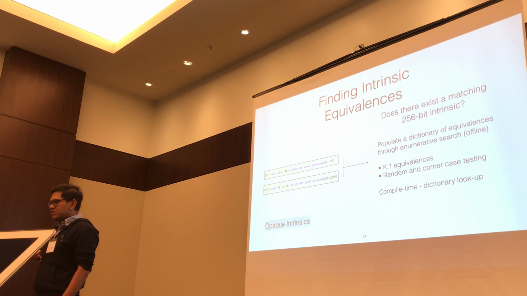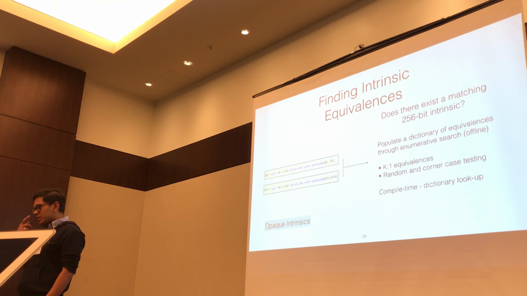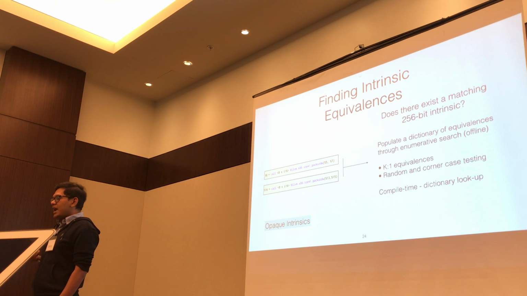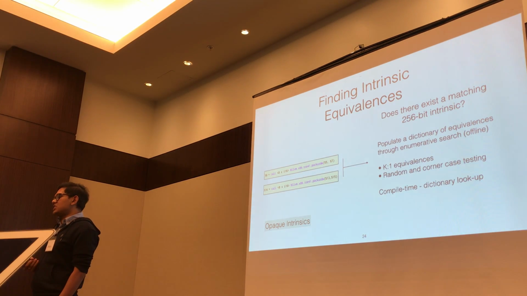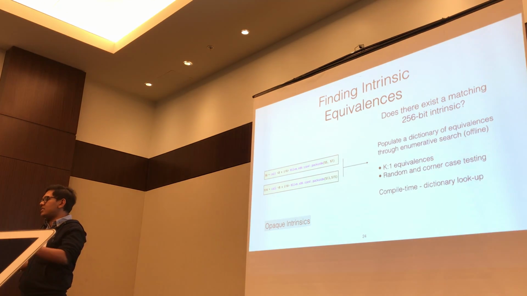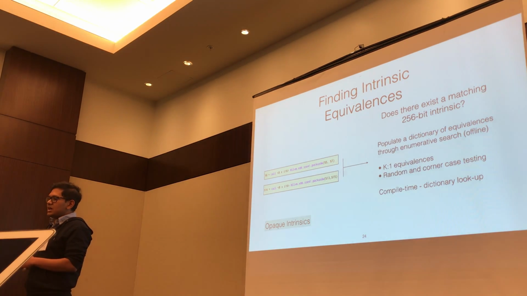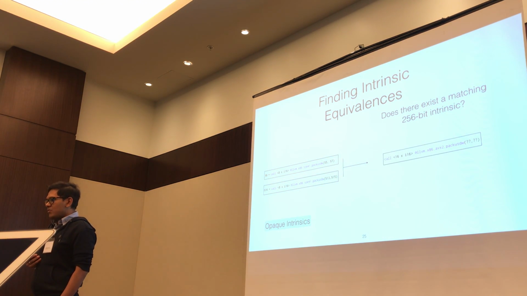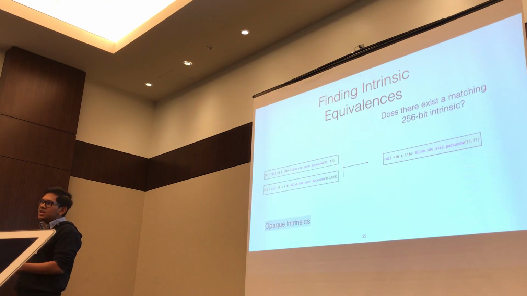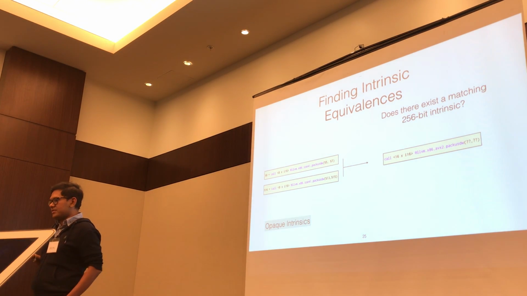Corner case testing allows us to remove false positives, and more details can be found in the paper. And at compile time, what we do is a simple dictionary lookup to see whether two SSE2 intrinsics can be merged into one AVX2 intrinsic. And in this case, we found one, where the same packing operation is available in AVX2 in 256 bits.